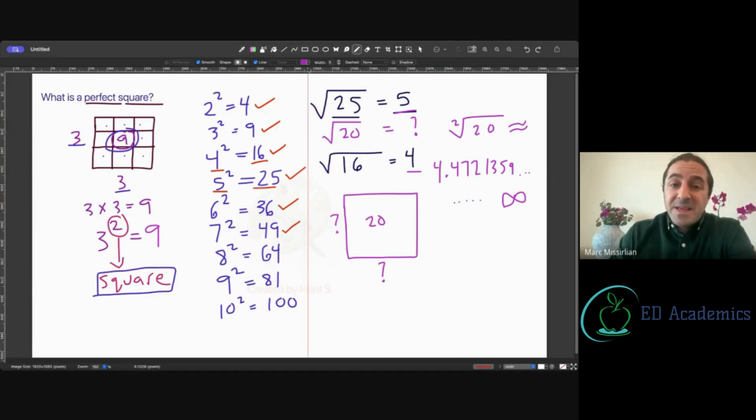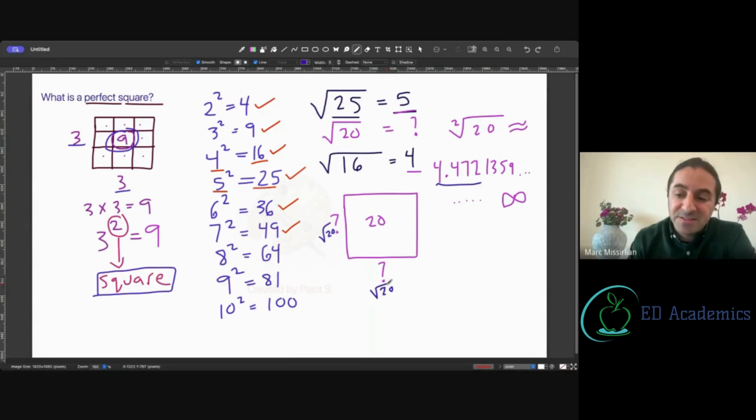So we just say that the square root of 20 is roughly 4.47. They'll just write the root of 20. It's a number that we know exists somewhere between 4 and 5, 4.472, and it goes on and on.